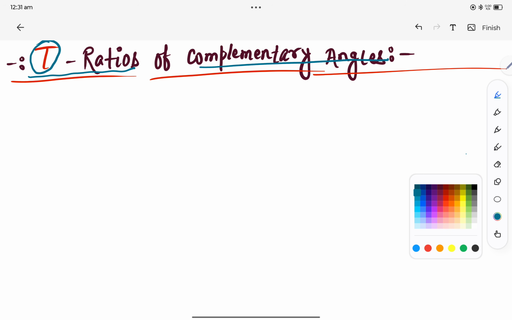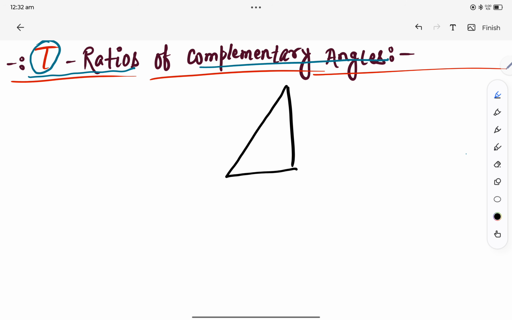For this, let us consider a right angled triangle. So basically we have a right angled triangle over here. You can see in this picture, one of these angles is 90 degrees and the other two angles make 90 degrees.